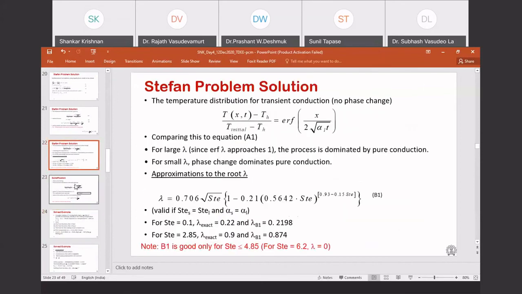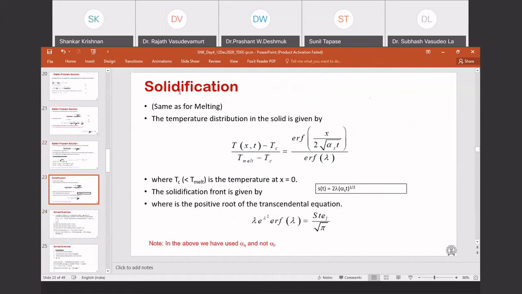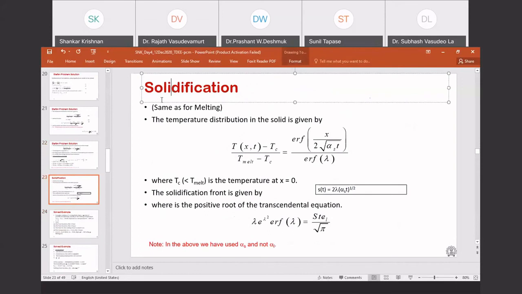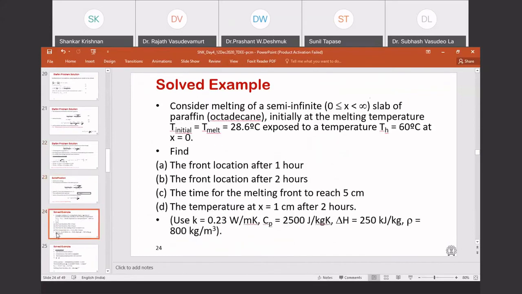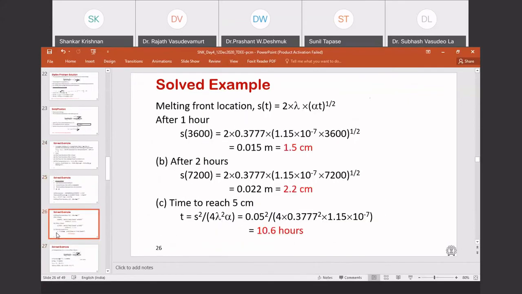So the problem that I just discussed very rapidly is only for the melting case. If you want to solve for solidification, the same equation can be used because it's a pure material and the equation remains the same. So there is no change to it. There is an example as well.